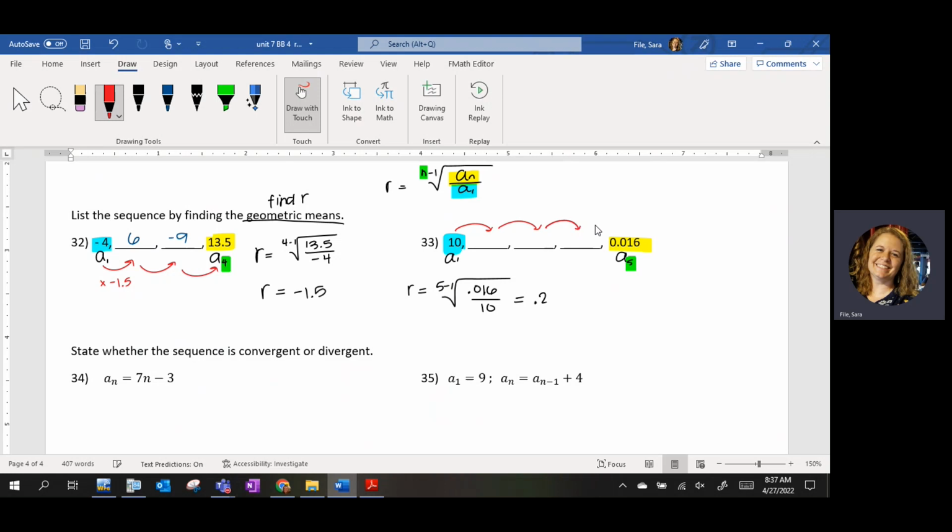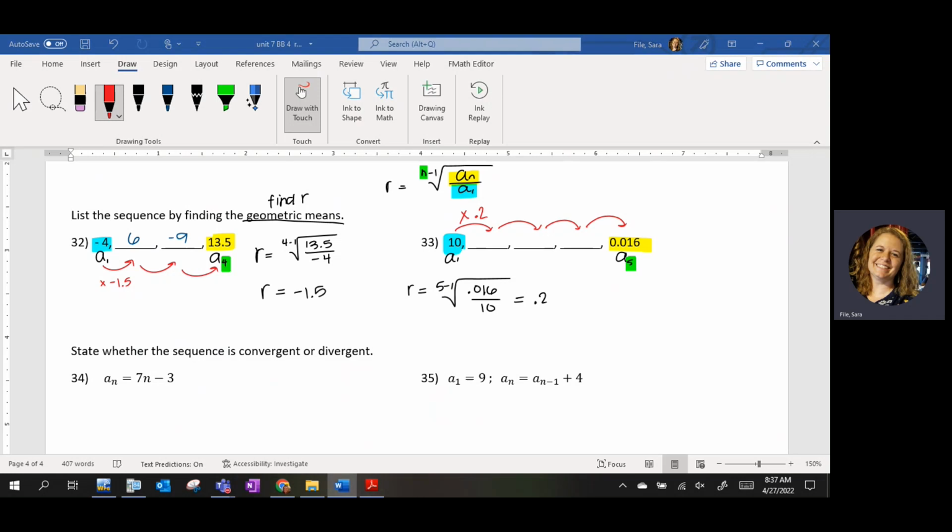Using that R, we are multiplying by it. So times 2, or excuse me, I wrote 2. It's 0.2. It's not here. So times 0.2 times 0.2 times 0.2 times 0.2, etc.